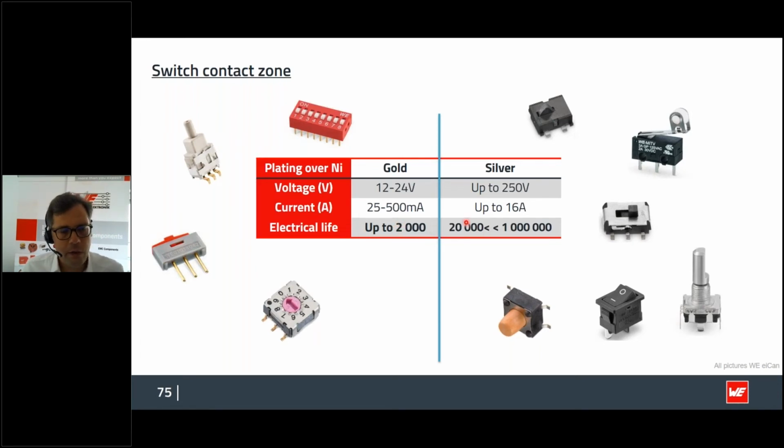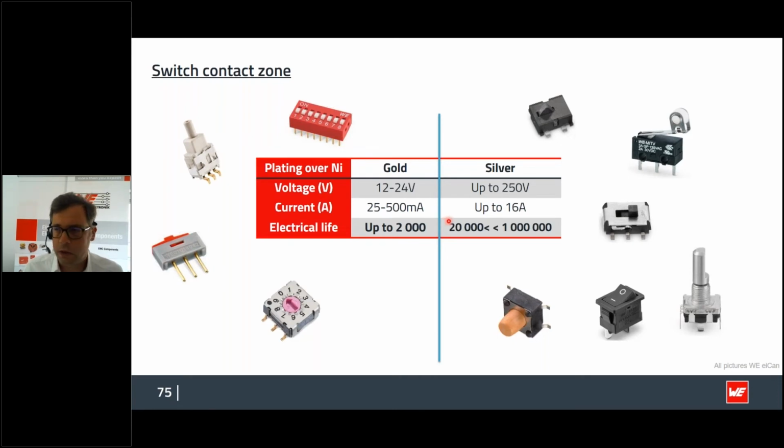In comparison, on the right-hand side, we can find other switch products which have silver plating. And silver has the advantage that you have more electrical life cycles over time.